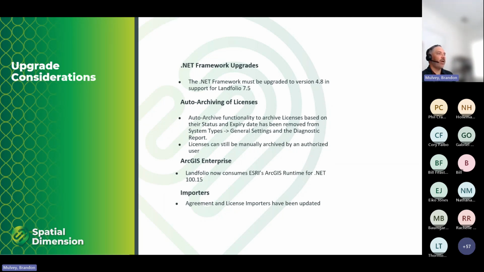Landfolio now consumes Esri's ArcGIS Runtime for .NET 100.15. And again, as I previously mentioned, agreements and license importers have been updated. So that's something to consider if you're using importers a lot, that we would need to update those as well if any upgrades occur in your site.